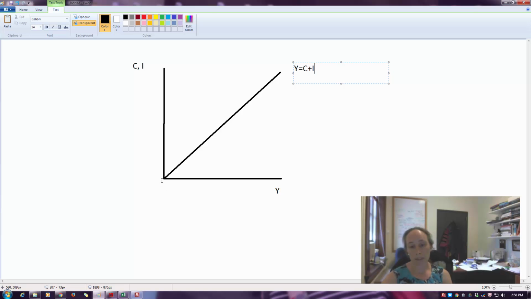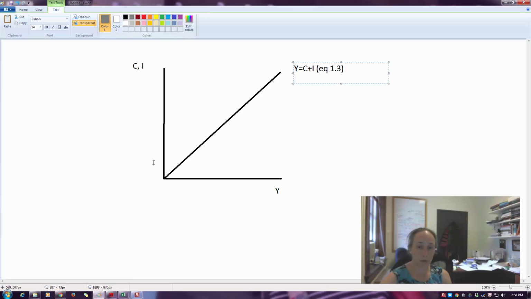Any point along this 45-degree line satisfies that Y is equal to the combination of C plus I. So this was equation 1.3, is what they called it.